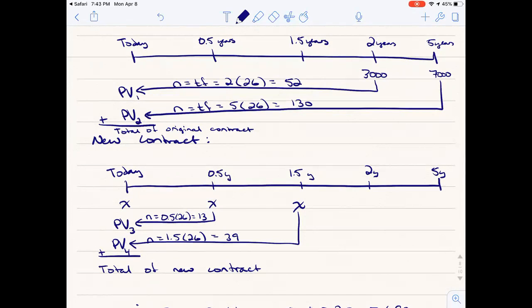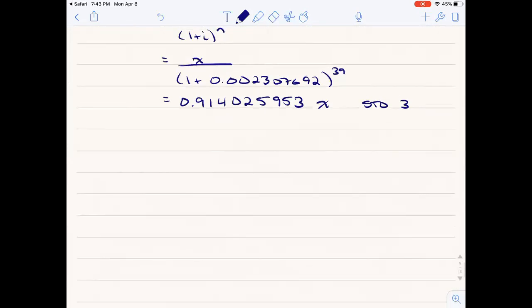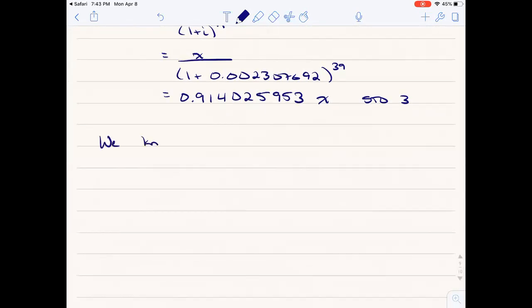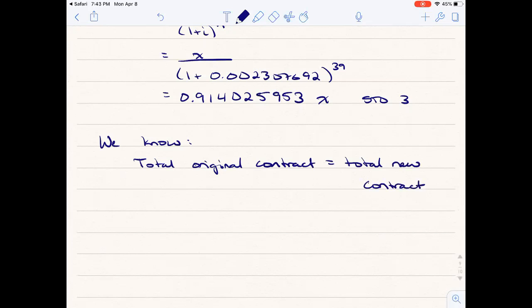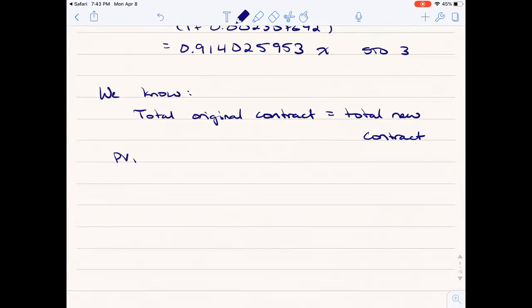And so we know that the total original contract must be the total of the new contract, which is present value 1 plus present value 2 must be equal to x plus present value 3 plus present value 4.